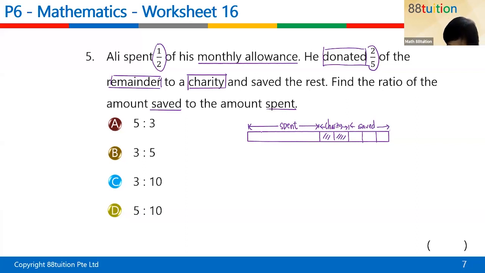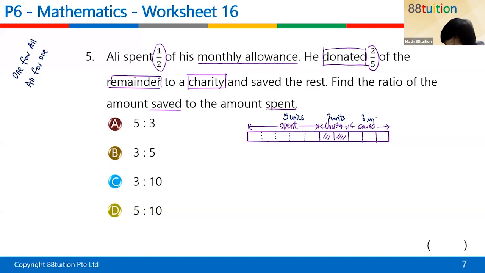So one for all, and all for one. Remember? Gotten or not? Okay, so this one is how many units? Charity is how many units?